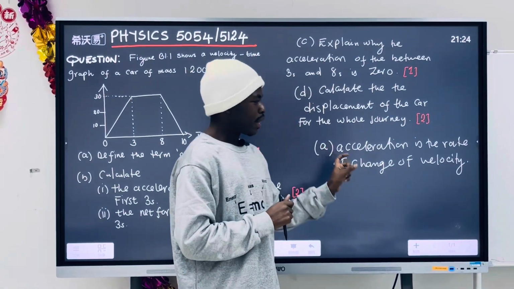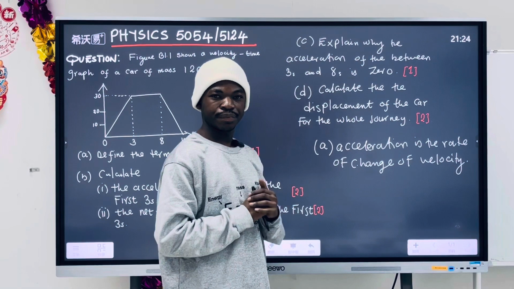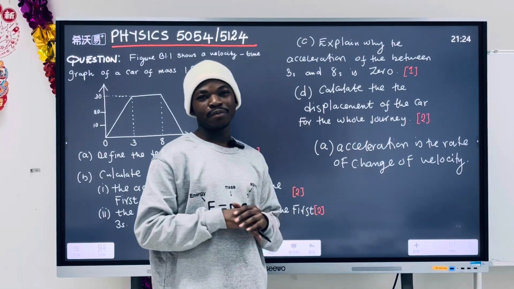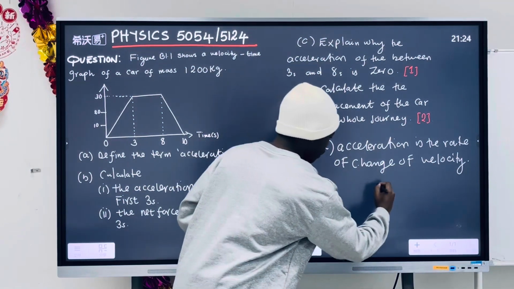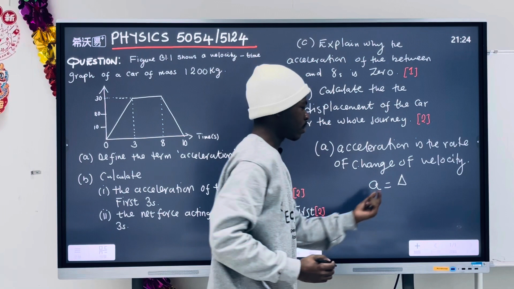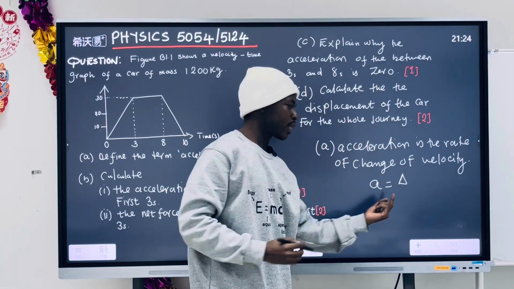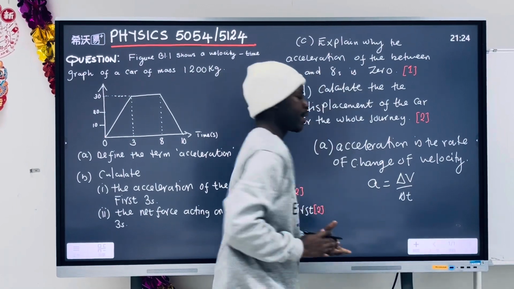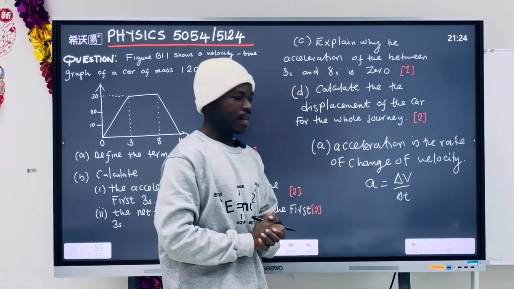So what do we mean by the rate of change of velocity? It can be represented by a formula that you need to know. So acceleration is basically equal to the change in velocity. I'll use this to represent change, delta. So the change in velocity over the change in time, that is acceleration.